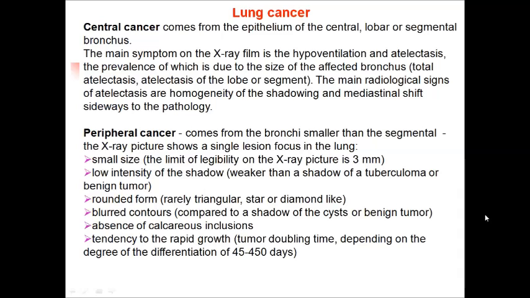Calcifications usually are absent in peripheral cancer sites, and this form of cancer shows a tendency to rapid growth. Tumor doubling time, depending on the degree of differentiation of cancer, is about 45 or 450 days.